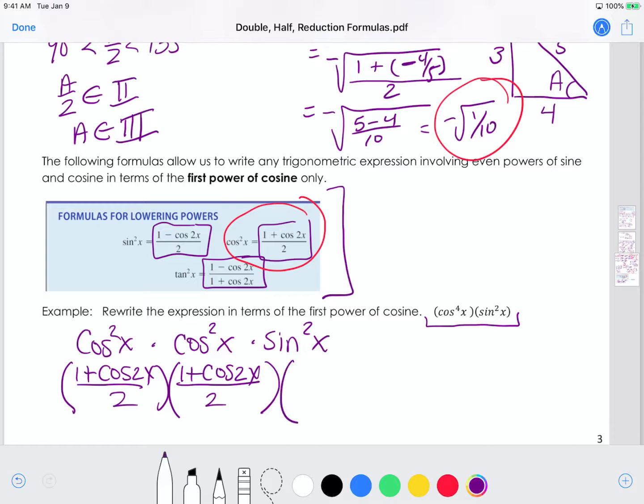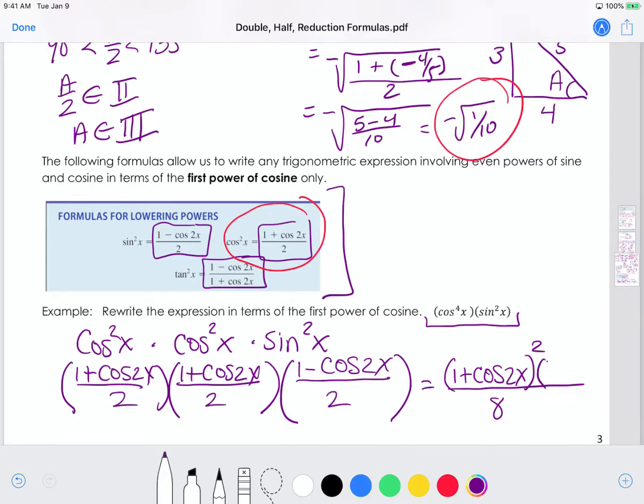And then the formula for sine squared is 1 minus cosine 2x all over 2. And then you would just multiply through. On the bottom, you have 2 times 2 times 2, which is 8. On the top, you would have 1 plus cosine 2x squared times 1 minus cosine 2x. And you can FOIL that if you want, but I'm totally fine with you just leaving it like this.